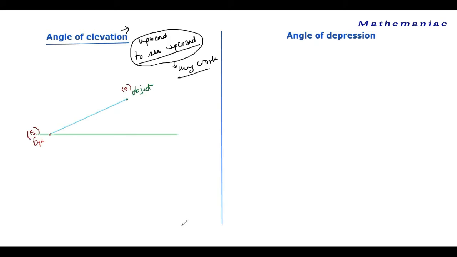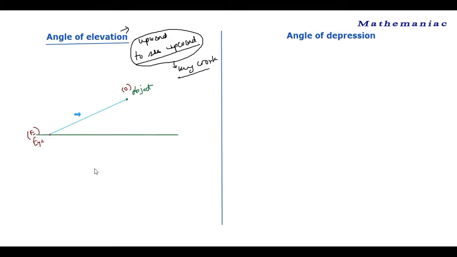But remember, through the eye this line must be horizontal, and this line is simply joining the eye with the object, whatever you are looking up at. This time we are talking about objects which we are looking up at, right? In that case, first of all, we have two lines.